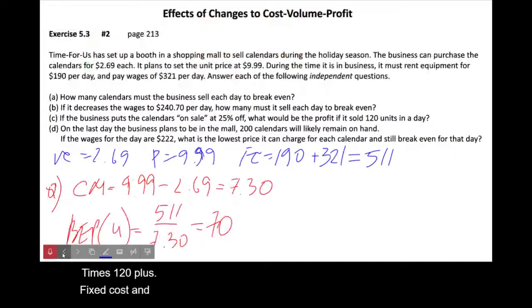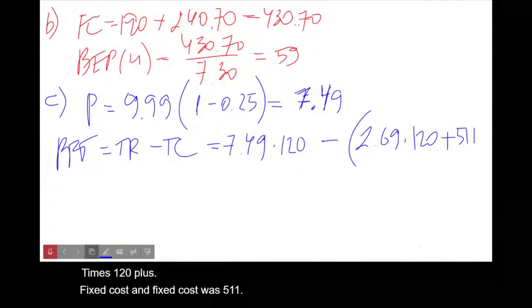And fixed cost was 5.11. Okay, so let's see.